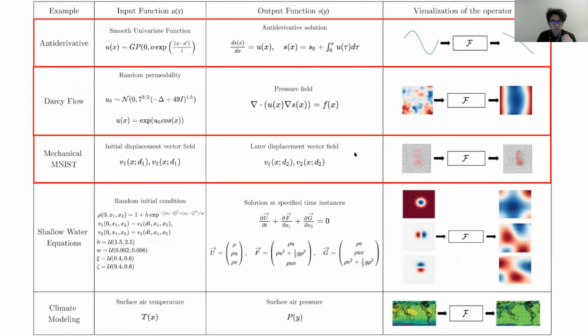So we have five examples on which we have tested this method. One is a simple antiderivative operator, then the Darcy flow that we have seen in the tutorial, and then the mechanical MNIST. The mechanical MNIST is an MNIST digit that you consider to be a heterogeneous block material, such that you can apply some equibiaxial extension. So you displace the left, right, up and bottom by the same displacement.